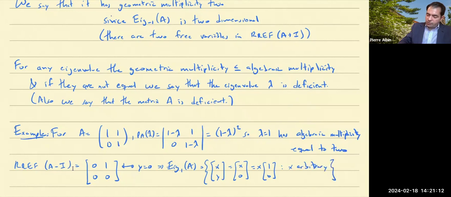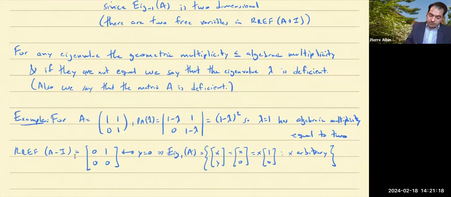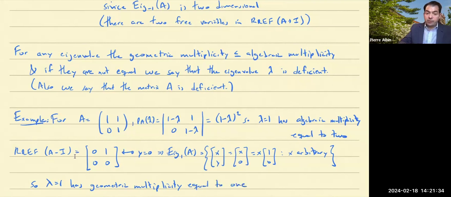And that has dimension 1. So in this case, lambda equal to 1 has geometric multiplicity equal to 1. So this eigenvalue and this matrix are deficient.